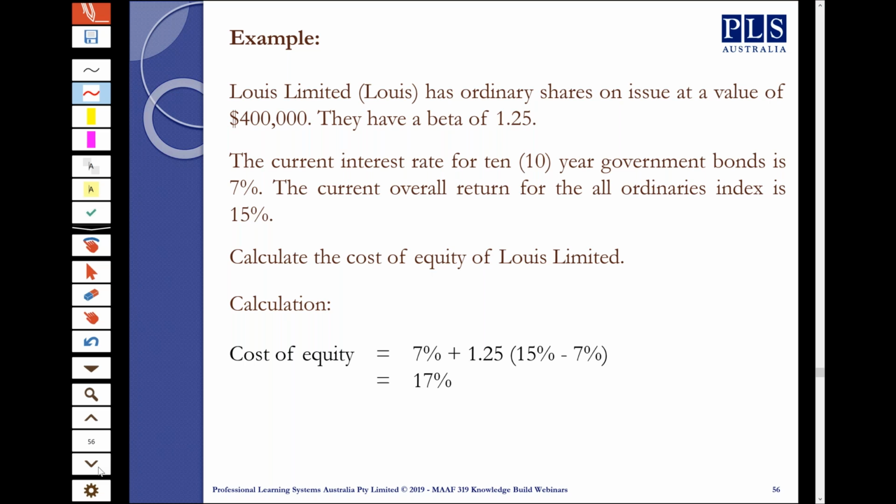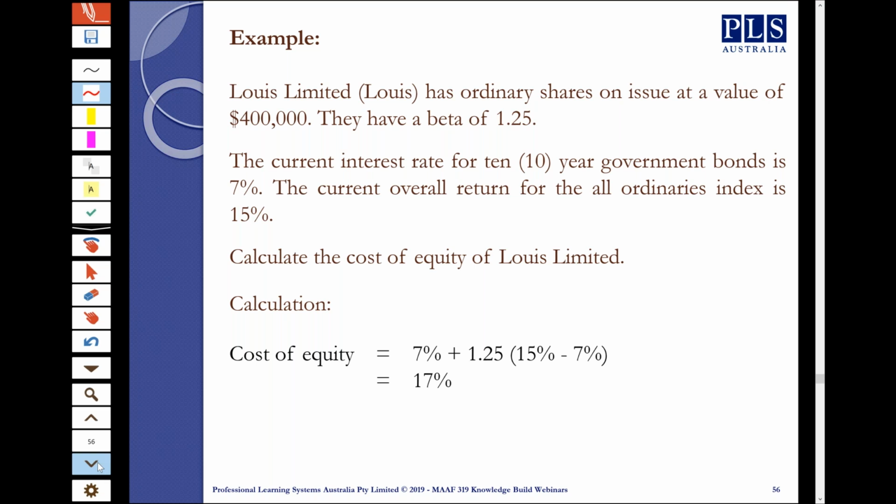Current overall return for the All Ords index is 15%. Calculate the cost of equity. Well, I've got my logic coming through with respect to my risk-free rate of 7%. Add to that the beta, multiplied by your return on the market being the 15, less your government bond rate. Gets me 17% as my figure. Again, note how I've constructed that initially.